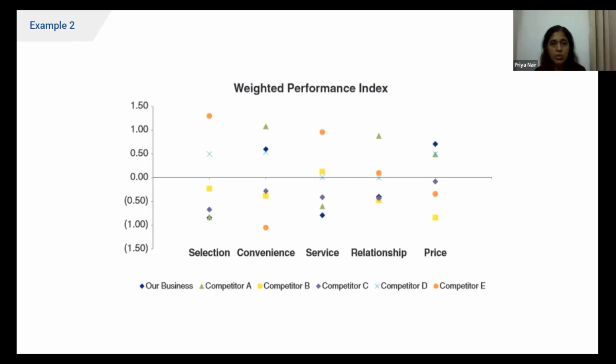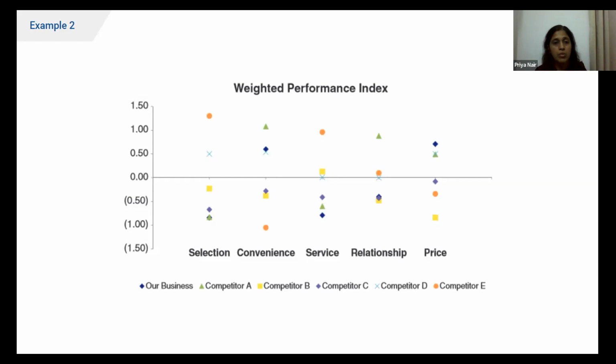So let's say they were conducting a survey, asking their customers to rate them in these 5 categories, so that they understand how their performance is compared to their competitors, and then work to improve in those areas where they are really performing low.